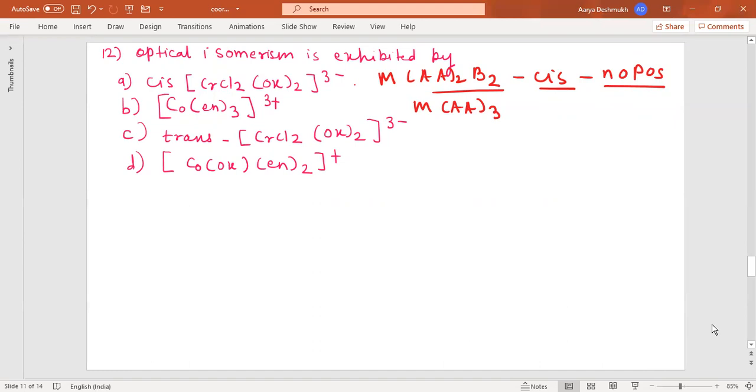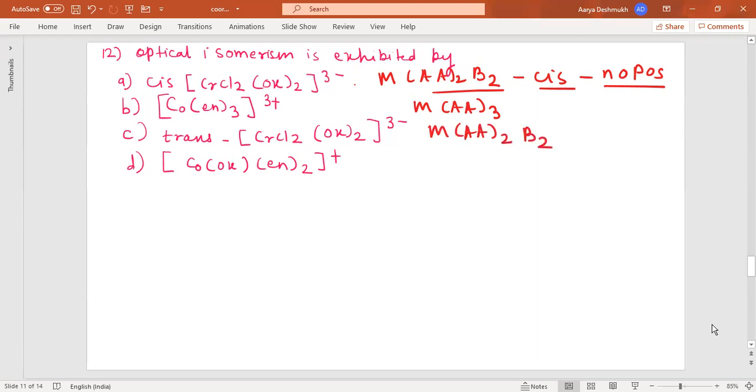So, here it shows optical isomerism, but it doesn't show... optical isomerism is exhibited by. Now this one, this is MAA3. The third one, this is MAA2B2.